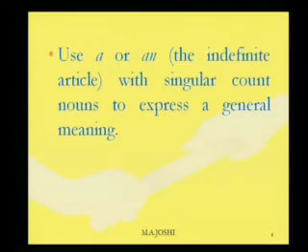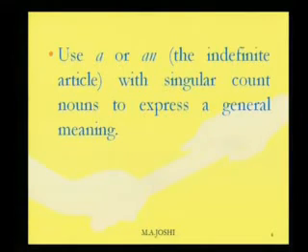Use a or an, the indefinite article, with singular count nouns to express a general meaning. Whenever we have to explain anything in general, we can say a or an before a noun.